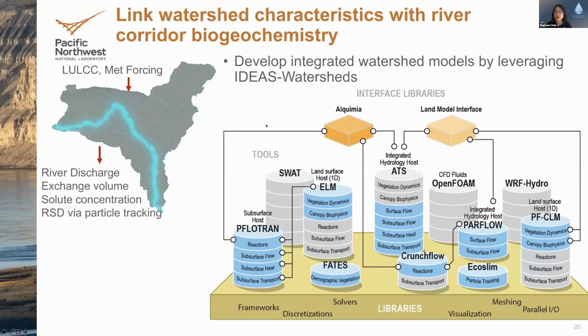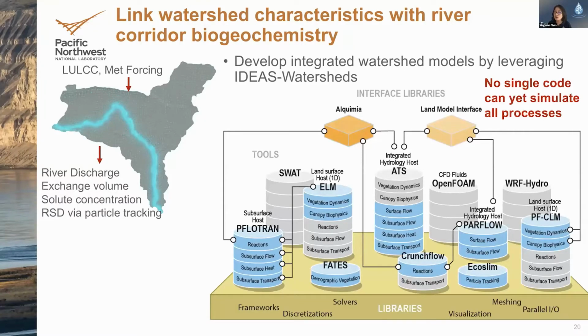So we will be working very closely with the IDEAS Watershed project team to leverage the ecosystems the community has built for different purposes. And we can build interoperable interfaces to allow us to link different processes from different codes together. By doing that, we will be able to build a single code that can have all the processes we're interested in for this system. But this doesn't mean everyone has to use this code.